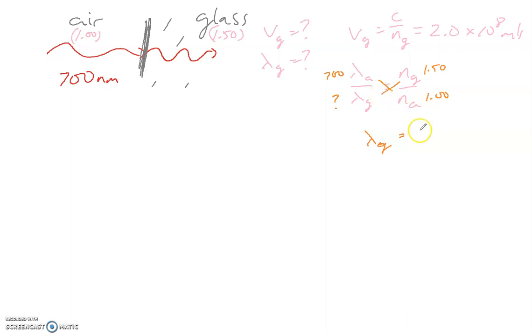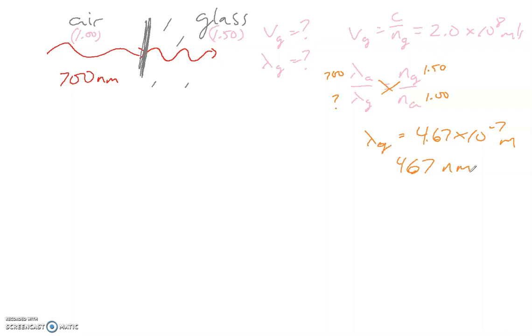If you do that, you should get a wavelength of about 4.67 times 10 to the negative 7 meters, which would be 467 nanometers. It's really common to write wavelengths of light, especially visible light, in nanometers. So it's just a little cross multiplying, and it's actually not that difficult. It's all about setting up the ratios, and that's about it.